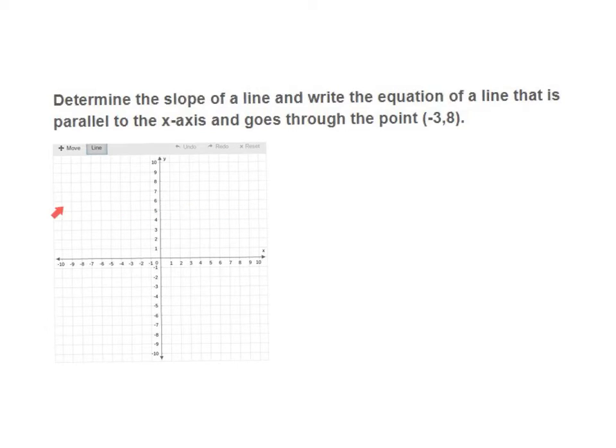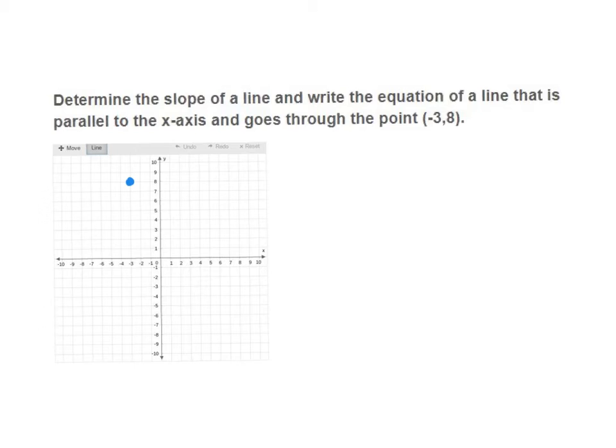Okay, so remember, horizontal line, HOY, that means y is going to always equal the same thing. So notice here that y is 8. Let's go ahead and locate that point. So -3, 8, we start at 0, so we go -3, and we go up to 8, and we put a point right there.